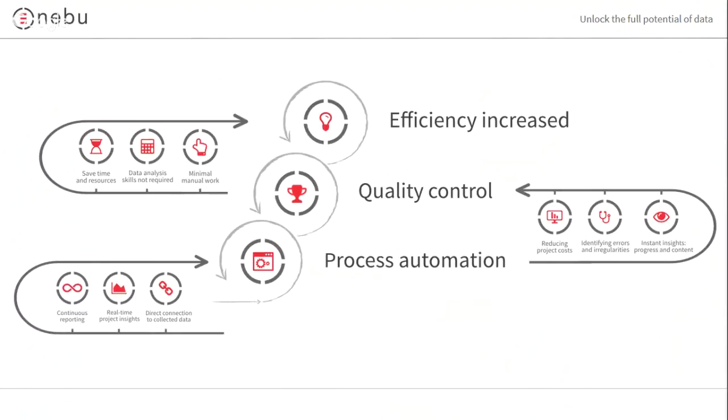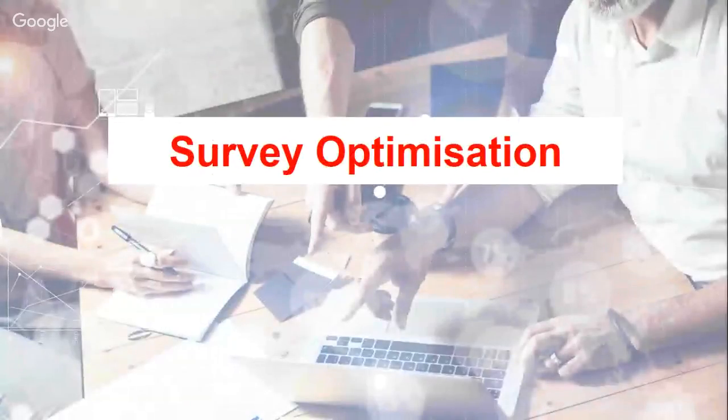It leads you to making the most effective use of the tools and indicators you have to hand, to ensure that your fieldwork is conducted in the best possible fashion. And that will lead you to pure survey optimization, the end goal of what we're really trying to achieve here. So that was our webinar for today.